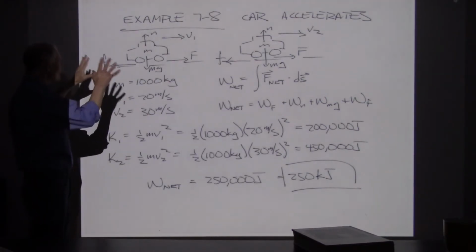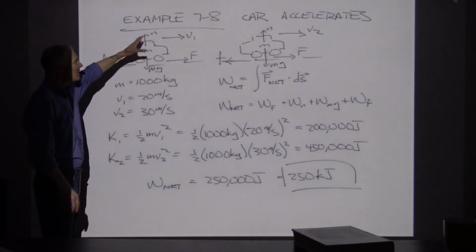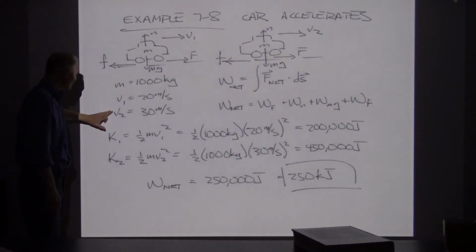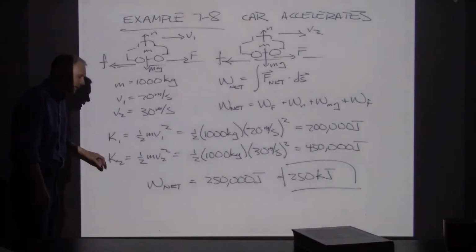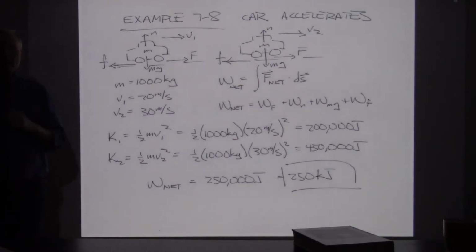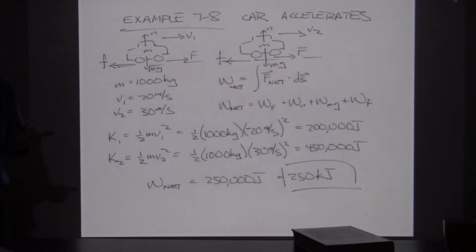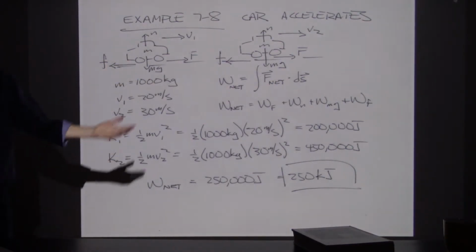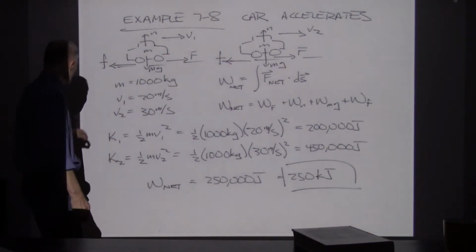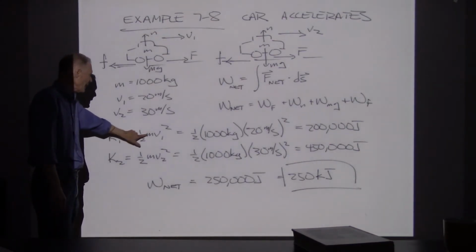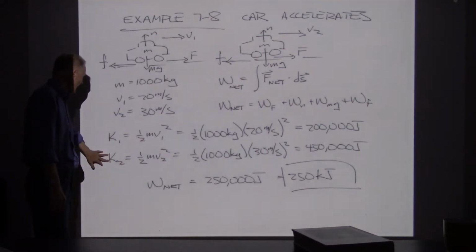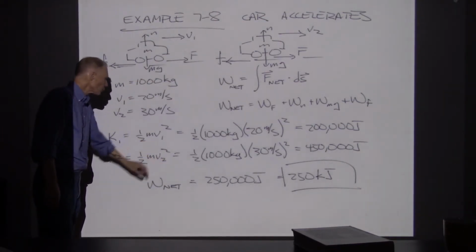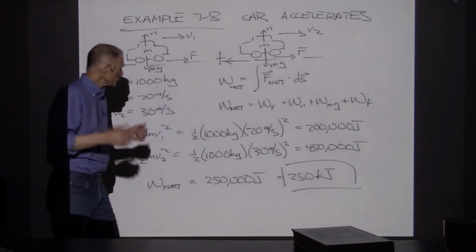Even before I draw any force diagrams, I can take the m, v1 and v2 and calculate the kinetic energies before and after. How much kinetic energy do we have in picture 1, and in picture 2? In picture 1 it's 1/2 m v1 squared, and in picture 2 we're going faster. The mass is the same, but we put in the higher speed.